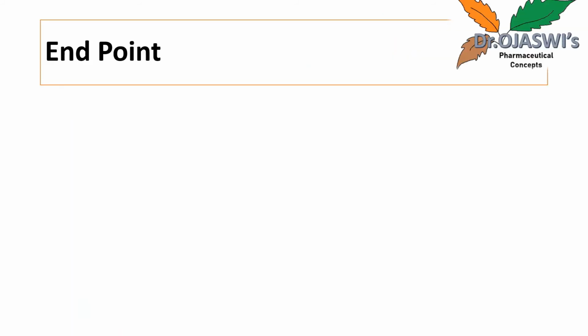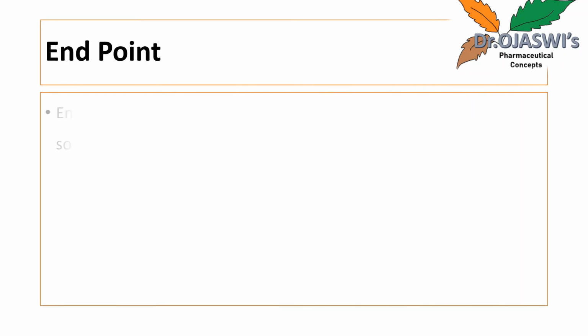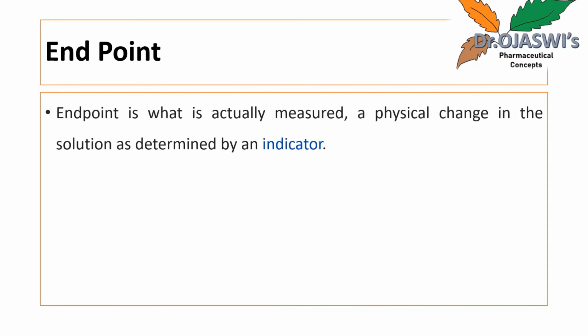So now what is the endpoint? Sometimes people use the terms endpoint and equivalence point interchangeably, but these two terms have a little line of demarcation between them. The endpoint is what is actually measured.